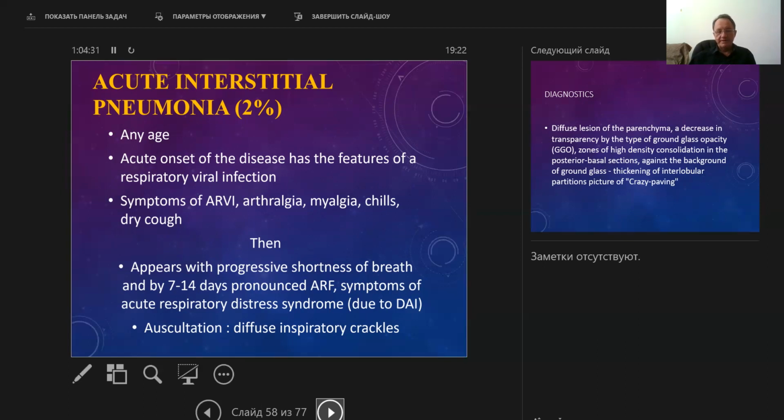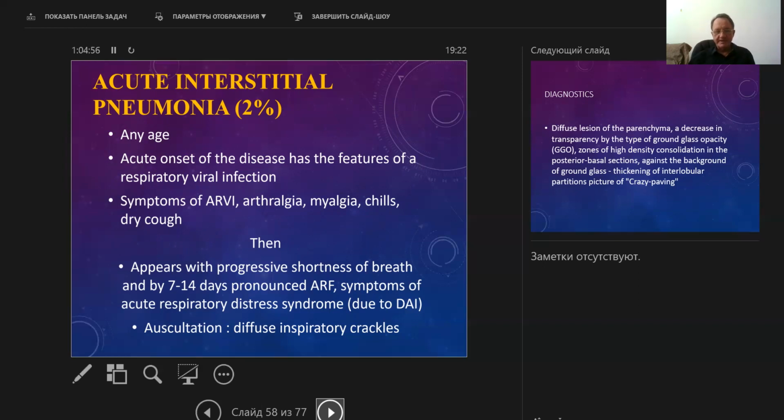After symptoms of acute respiratory virus infection, the patient gets progressive shortness of breath. After 14 days, the patient develops acute respiratory failure, with symptoms of acute respiratory distress syndrome.